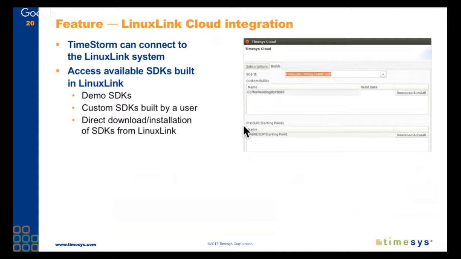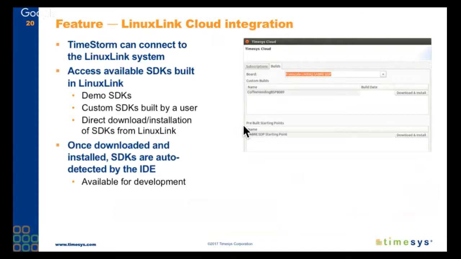With that same free account that I mentioned early on to access a 30-day trial of TimeStorm, you have the ability to build a custom board support package and software development kit in Linux Link. So those SDKs are available in TimeStorm as well. So with that, I'm going to switch the screen.